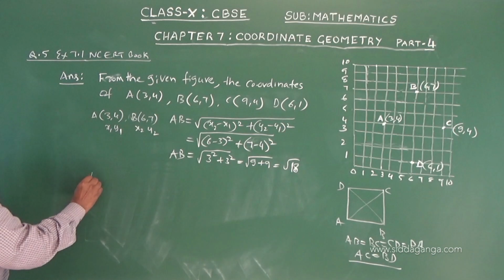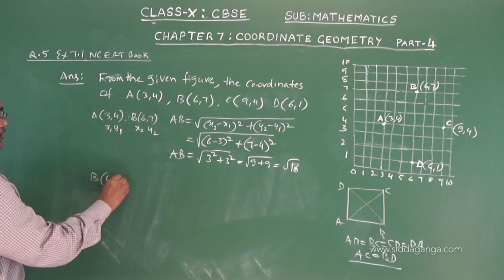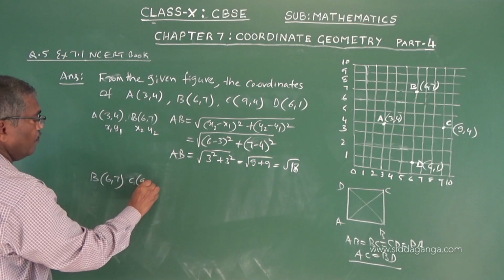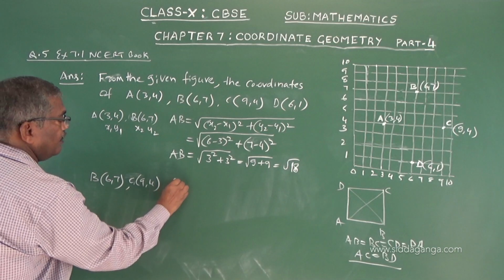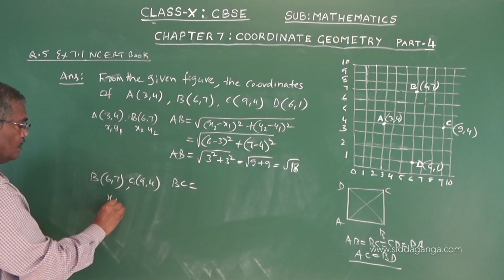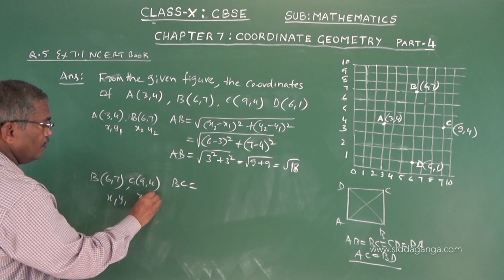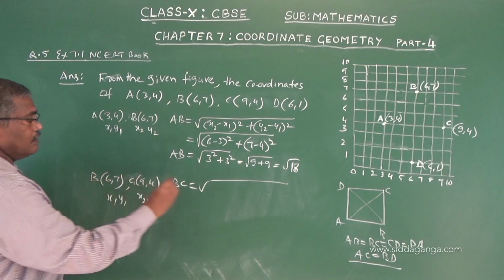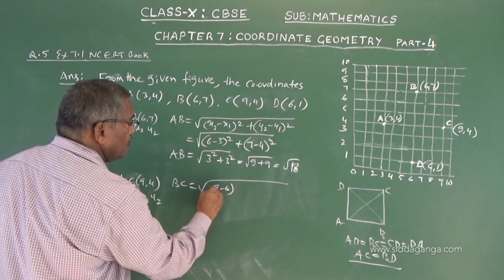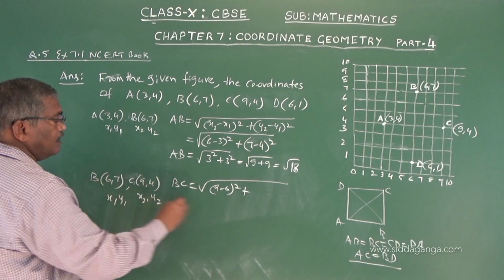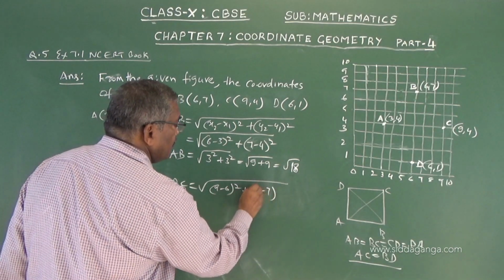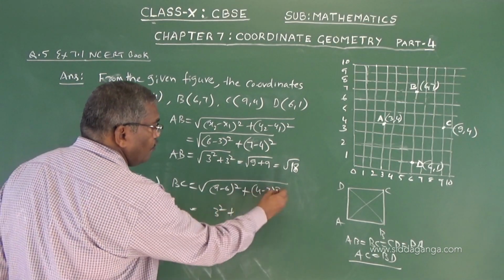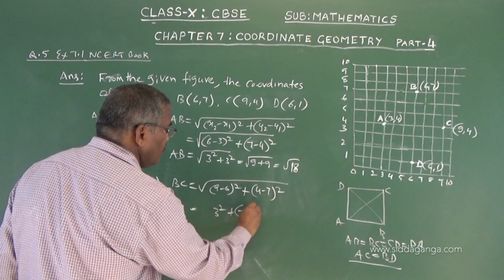Now we shall take up points B and C. B is (6, 7) and C is (9, 4). So now find BC. BC equals square root of (9 minus 6) whole square plus (4 minus 7) whole square. 9 minus 6 is 3 square plus 4 minus 7 is minus 3 whole square.